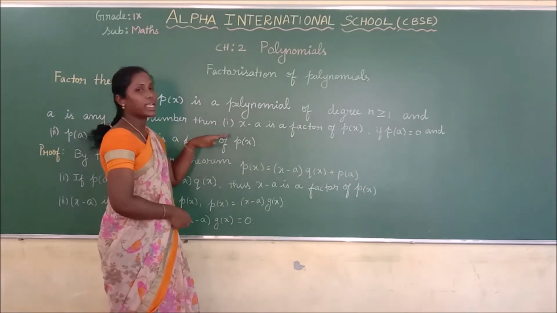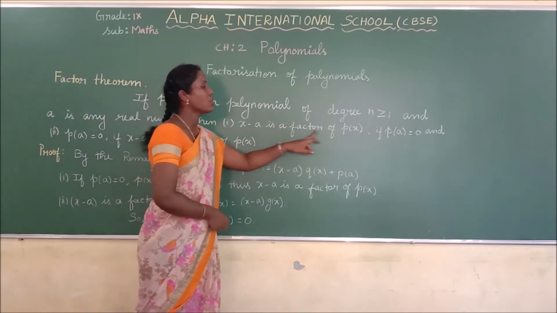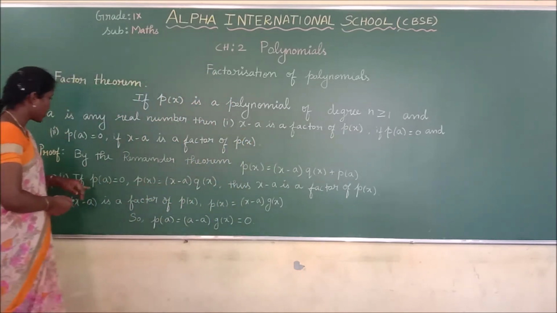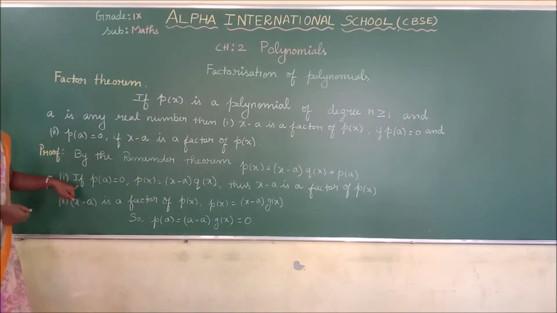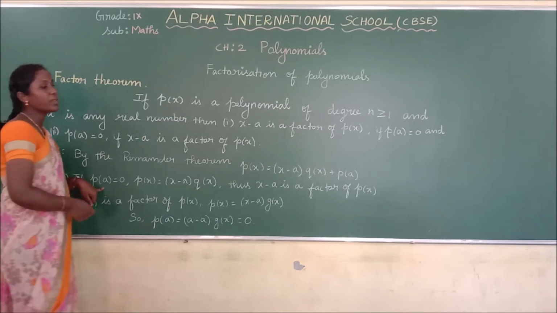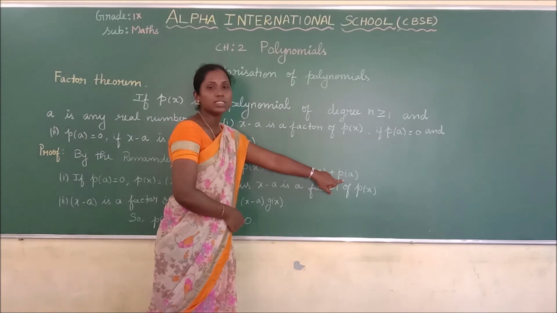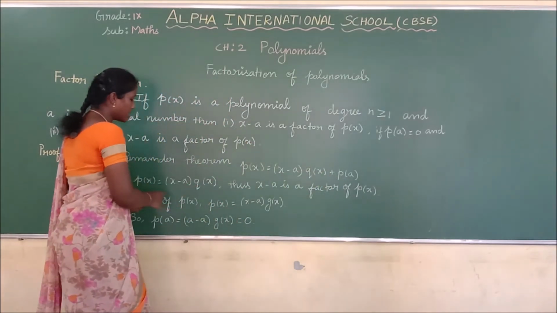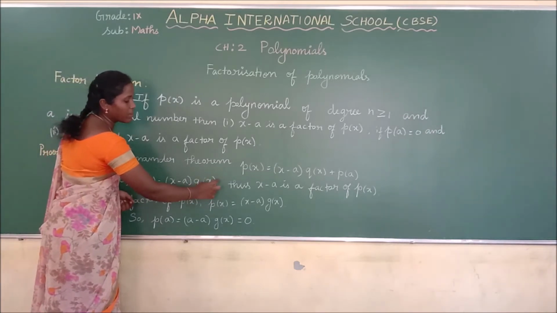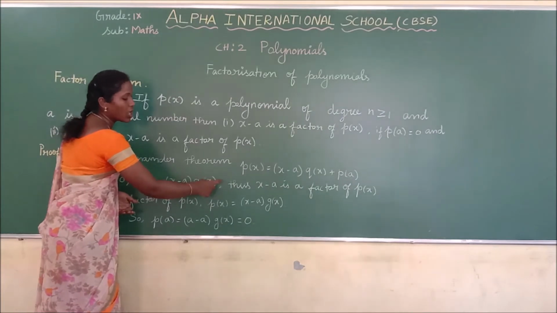Using this statement only we are going to prove the two cases. The first case: x minus a is a factor of p of x if p of a equals 0. In the remainder theorem, p of a is the remainder. If the remainder is 0, then p of x is equal to x minus a into q of x, and p of a is not written here.